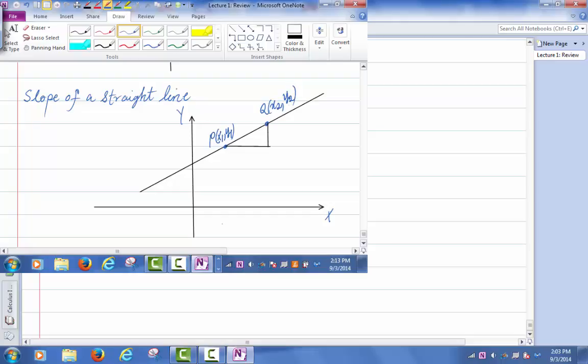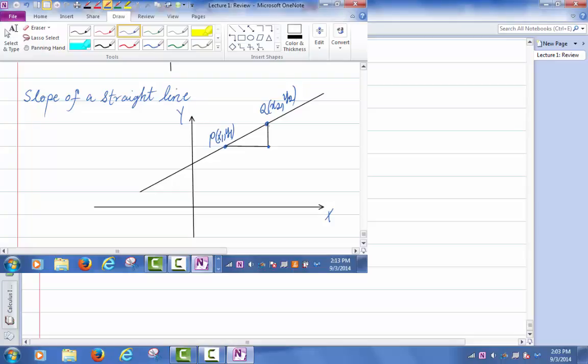From the point P, I drew a horizontal line. From the point Q, I drew a vertical line, and they intersect at this point here, making a right triangle. And the slope is given by the length of the vertical side of the triangle divided by the horizontal side of the triangle. Okay, so that's what the slope is.